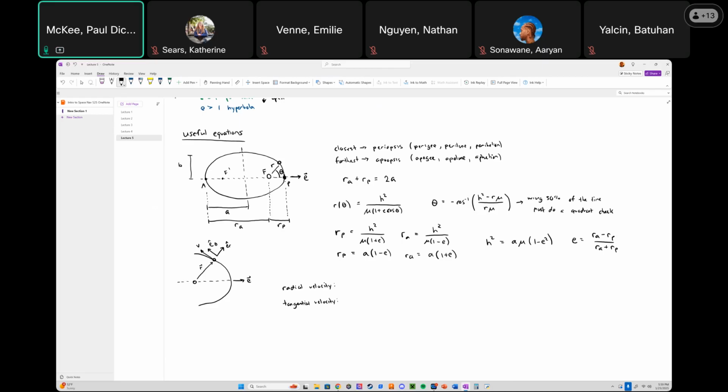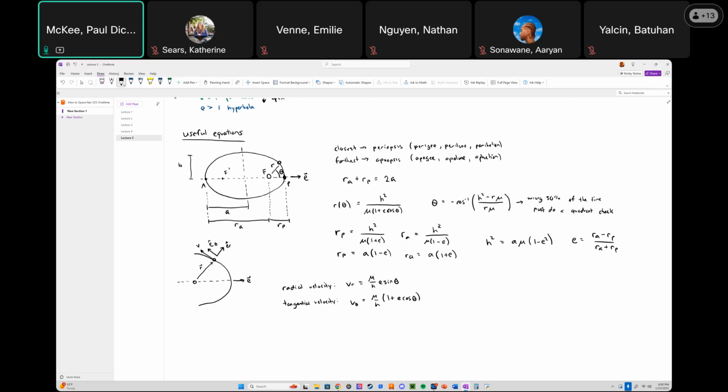Radial velocity is v_r, which is equal to mu over h times e sine theta. And then we're going to call this v theta, which is mu over h times (1 plus e cosine theta). So that gives you radial and tangential velocity.